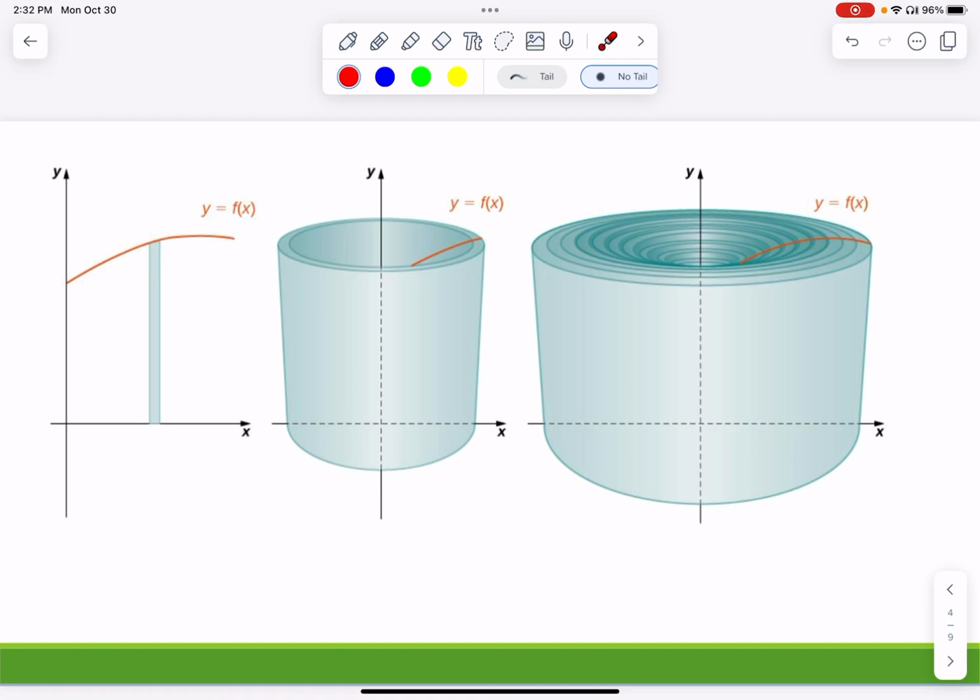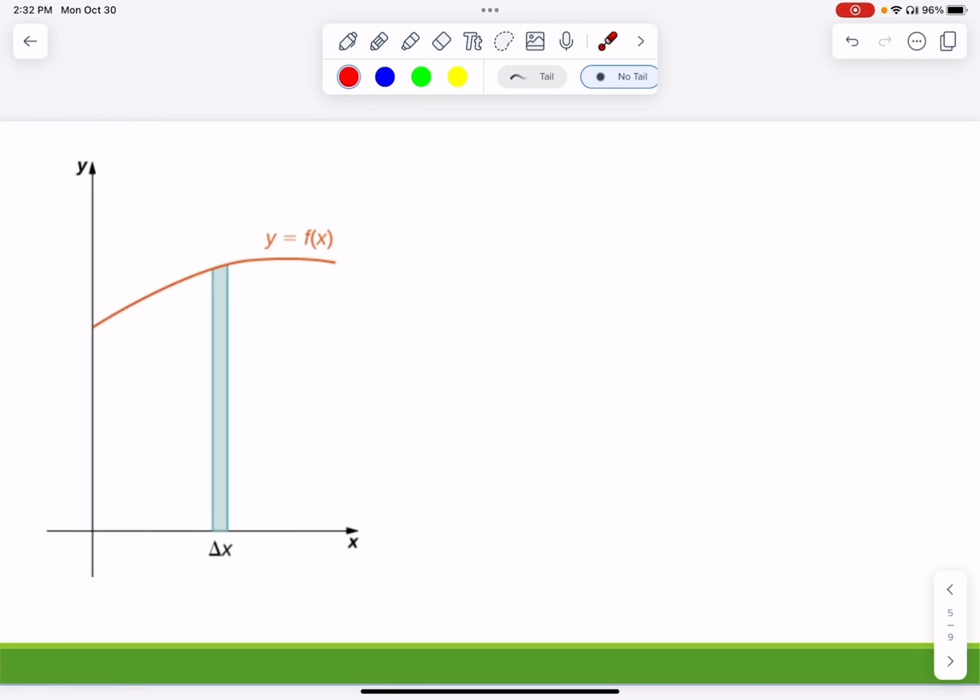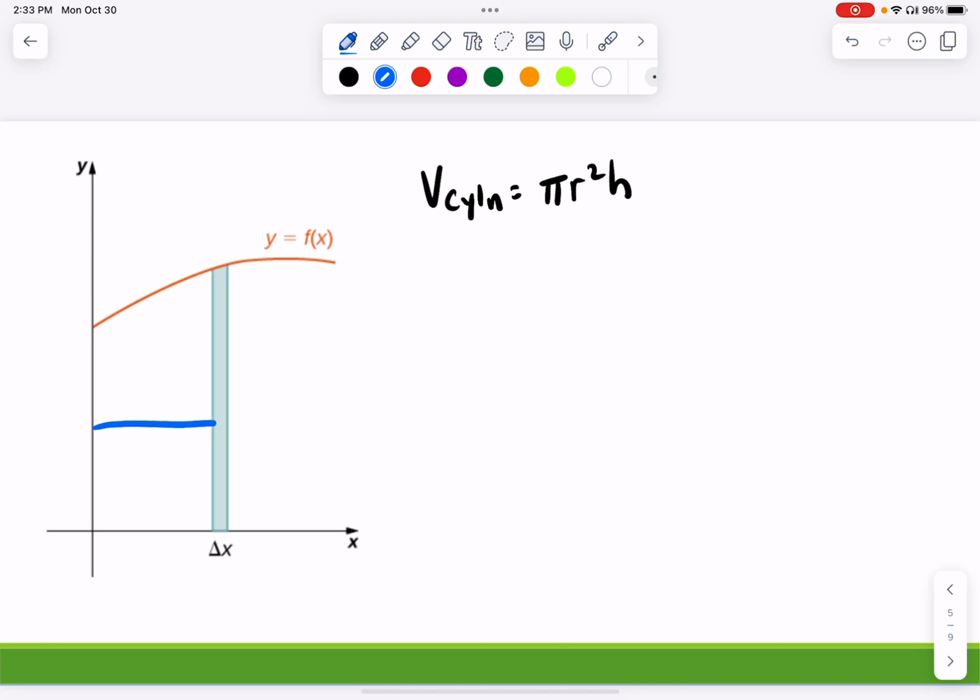So how we get that formula is this. The volume of a cylinder is pi r squared h. But in this case, we really have two cylinders. We have a big cylinder, and I'm going to call that big R, and then we have a small cylinder.